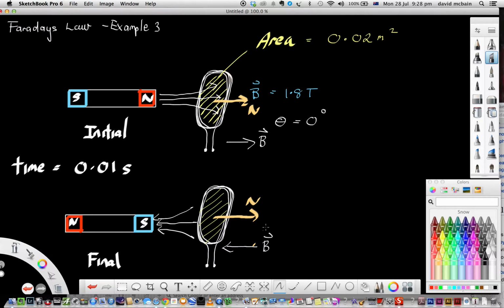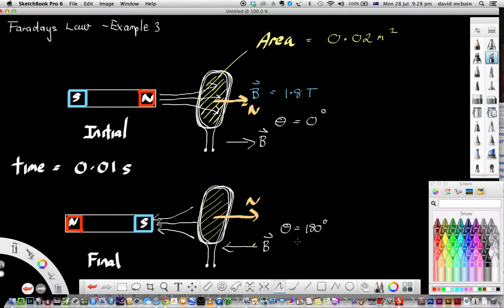Here, because they're facing opposite directions, the angle is 180 degrees. And for those of you who aren't sure about this, if you type in the cos of 0, we know that the cos of 0 is 1. The cos of 180 is negative 1.